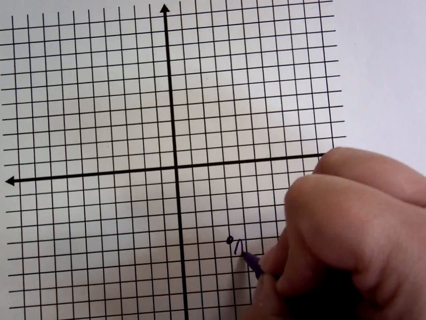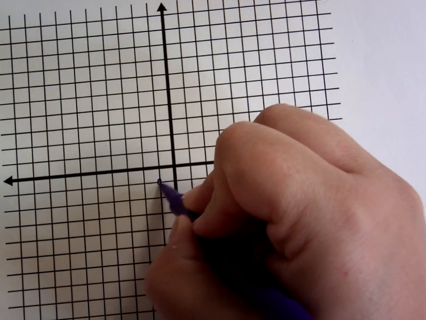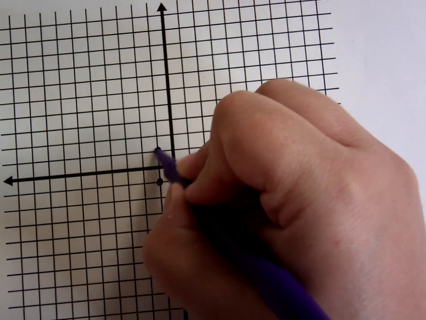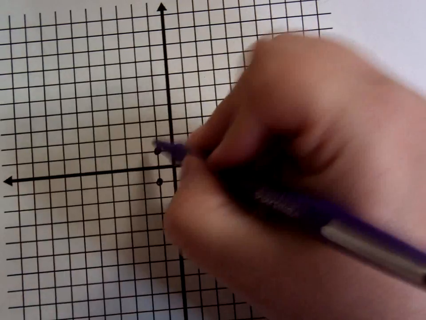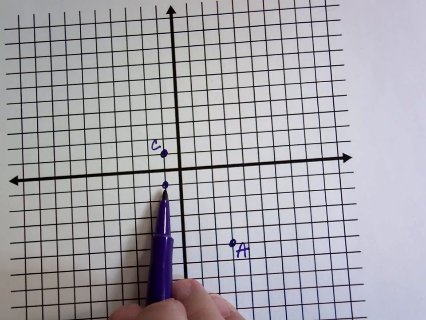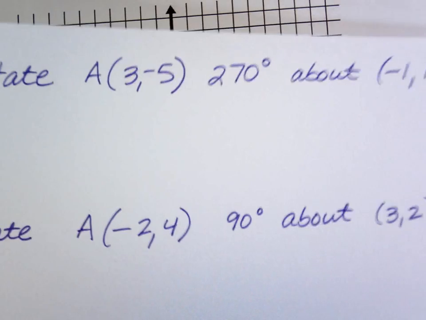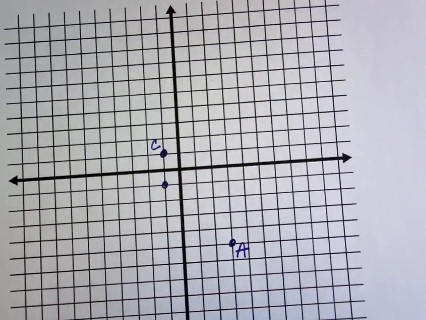That's my point A. And I'm rotating it about the point -1, 1. That's my center of rotation. So here's my C. And we're going to have to ignore that dot. Sorry about that. And we were told to rotate it 270 degrees. So that's what we're going to do.